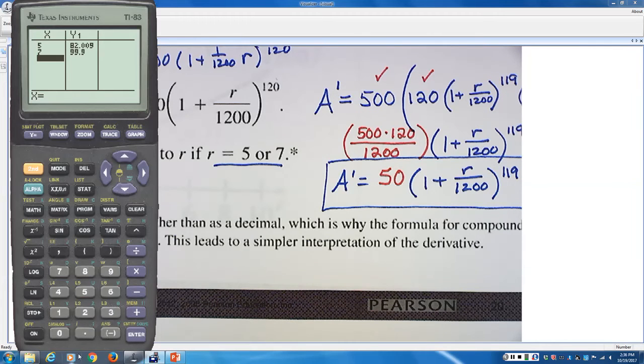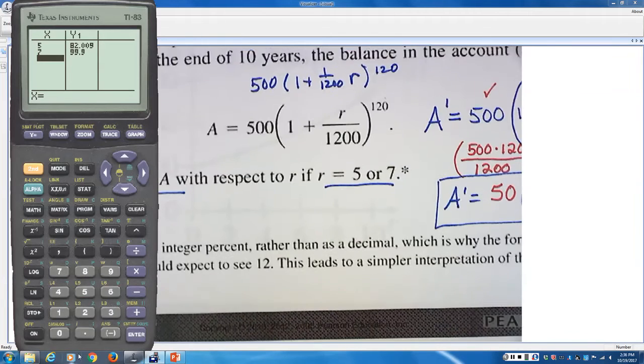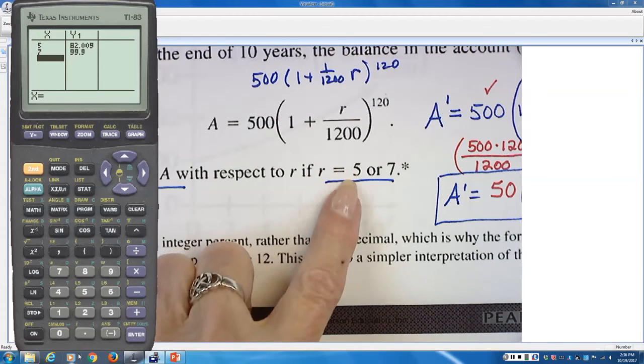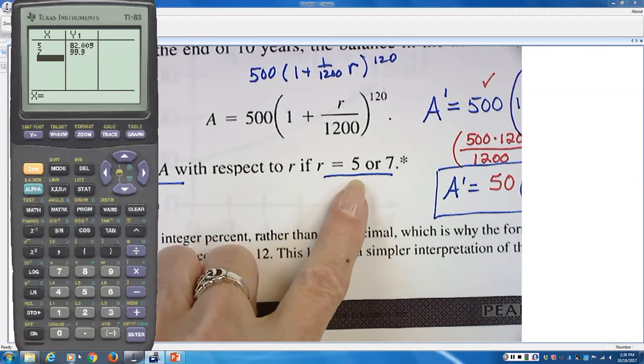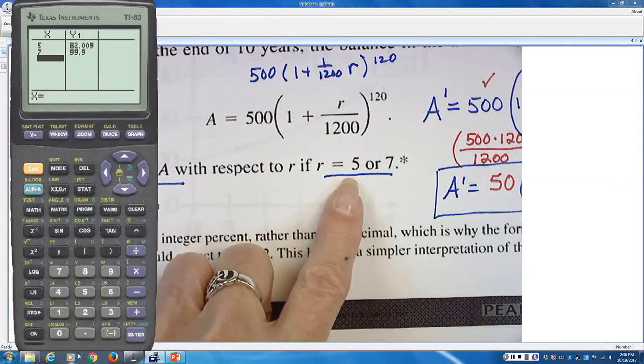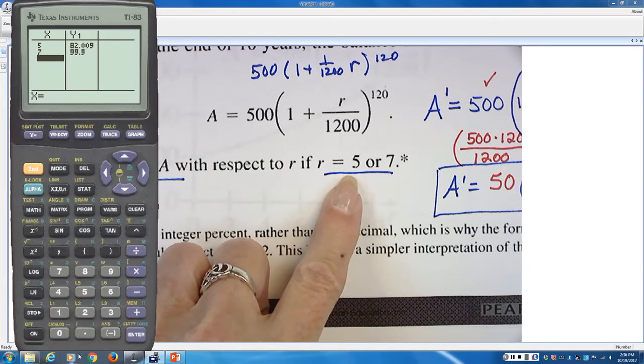Now what does that mean? What that means is that if your money is in there at an interest rate of 5%, the future value of your money is changing at $82.01 per day. That's how fast it's accumulating interest, basically. Isn't it monthly? Monthly, yes, thank you.